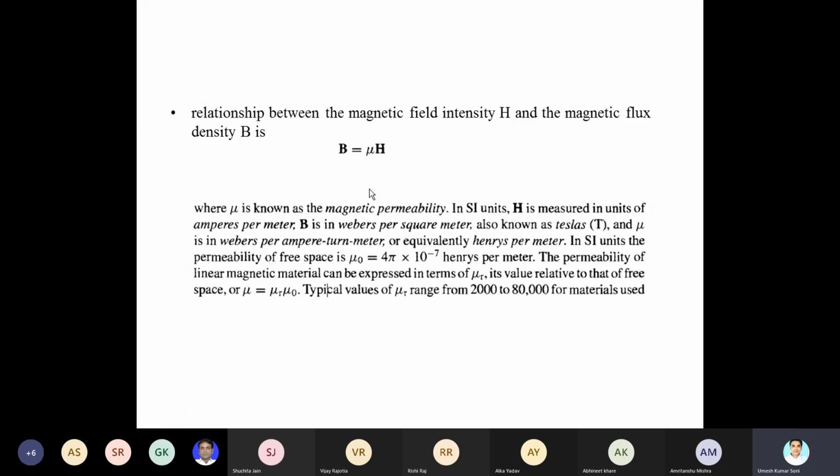Okay, so permeability is the reciprocal of the reluctivity of material. Clear? Reluctance and reluctivity, permeance and permeability.